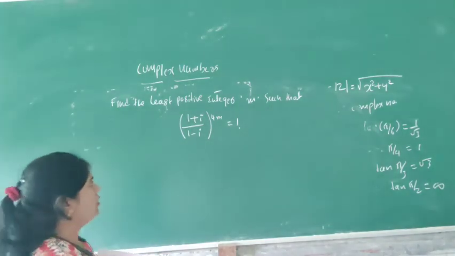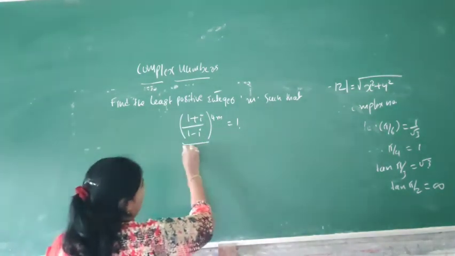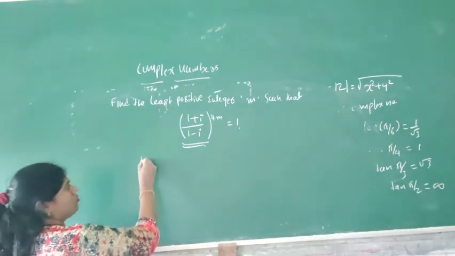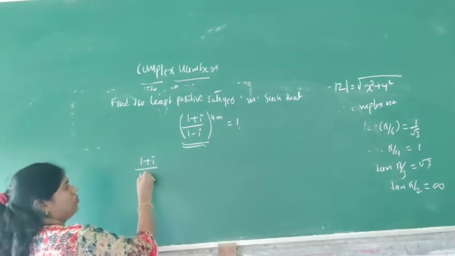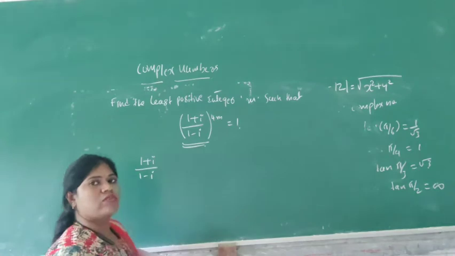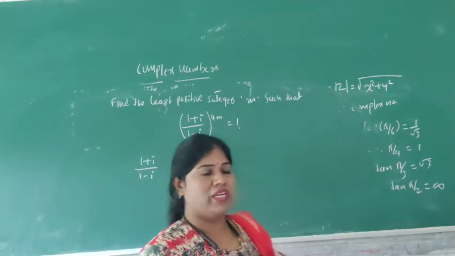First we need to simplify 1 plus i divided by 1 minus i. So we have to rationalize the denominator.